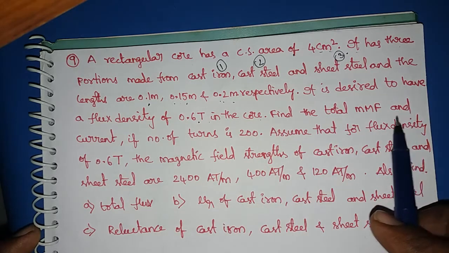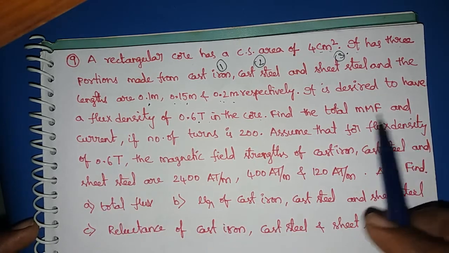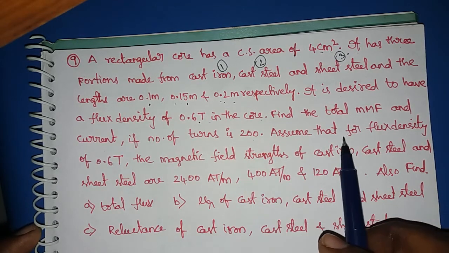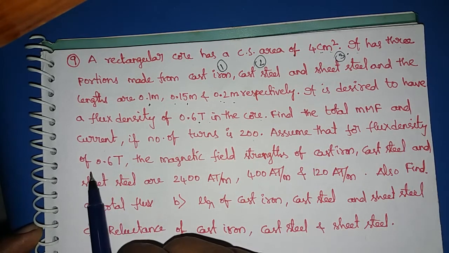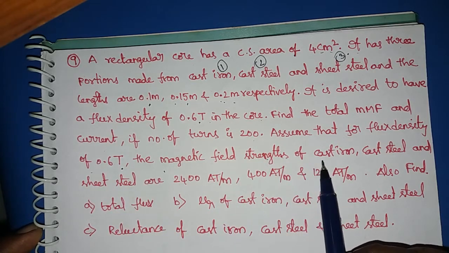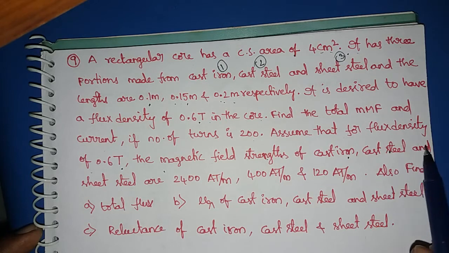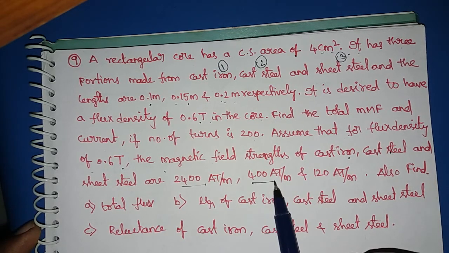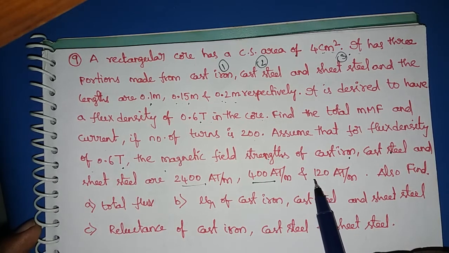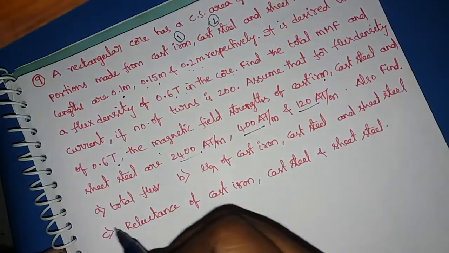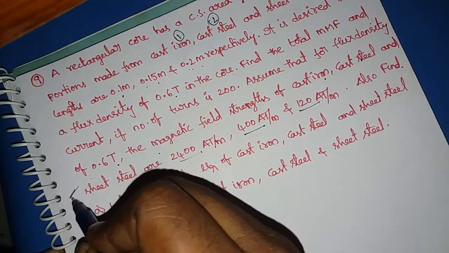Find the total MMF, magnetomotive force, and current if the number of turns is 200. Assume that for flux density of 0.6 Tesla, the magnetic field strengths of cast iron, cast steel and sheet steel are 2400 ampere turns per meter, 400 ampere turns per meter and 120 ampere turns per meter. So first we solve this.